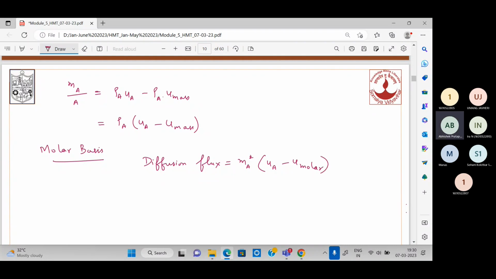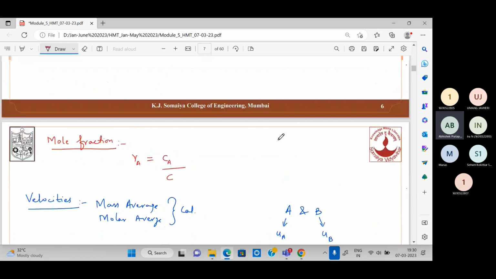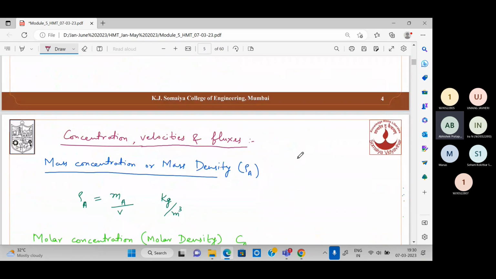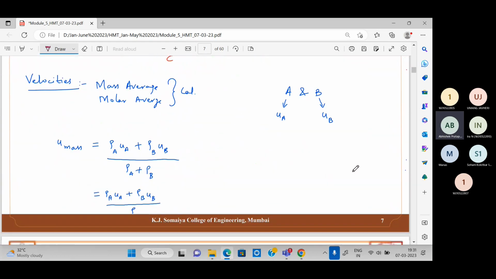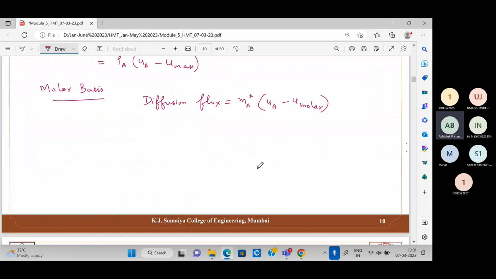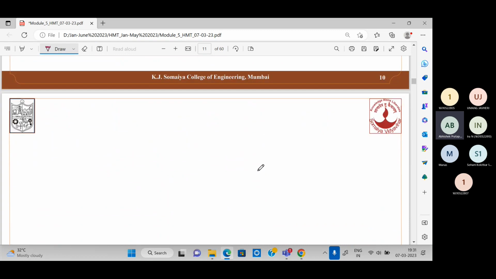So we have studied the different terms, that is the concentration, velocities, and fluxes. These terms are required in order to understand the mechanism of mass transfer and to make the analysis. Some small related problems are also there based on concentration, fluxes, and velocities.